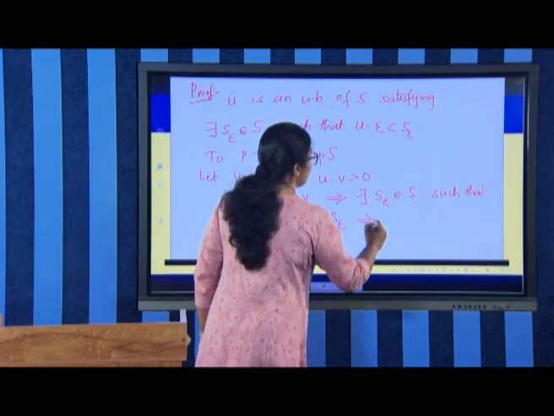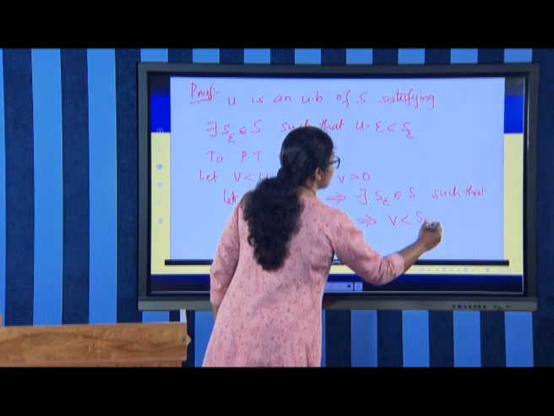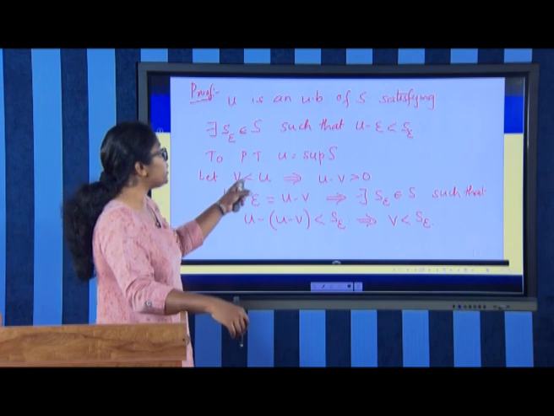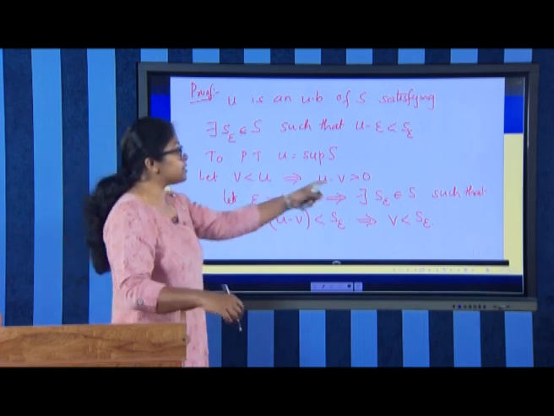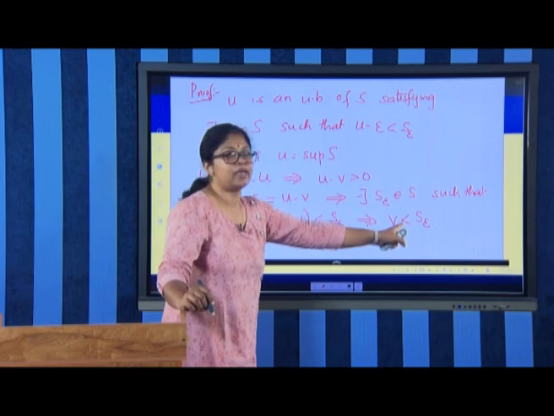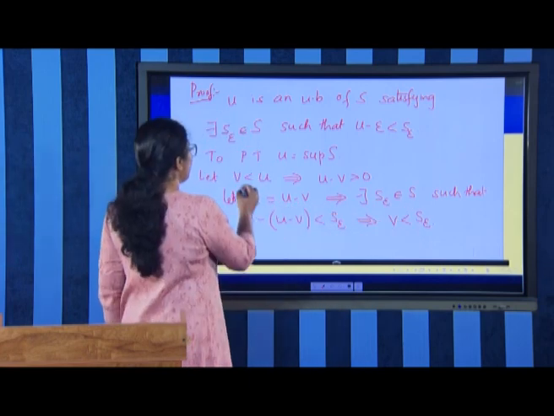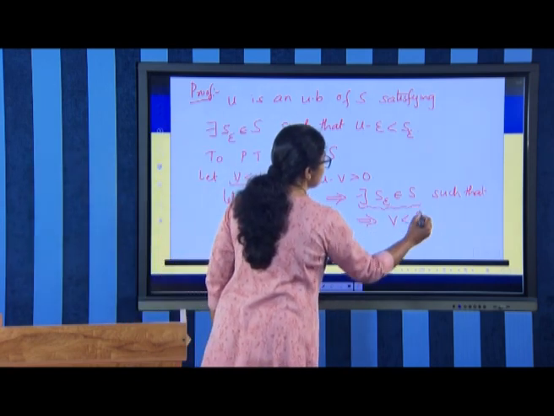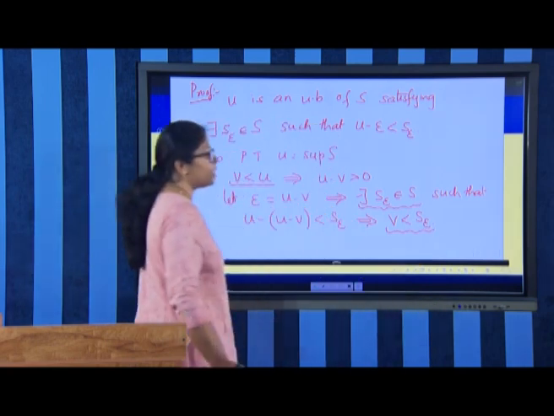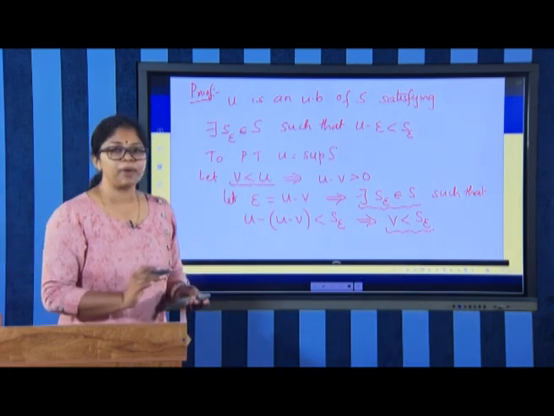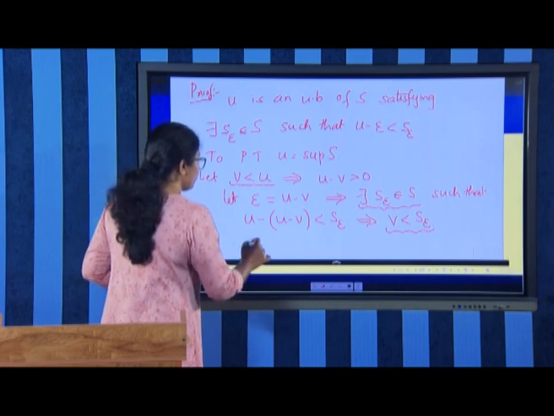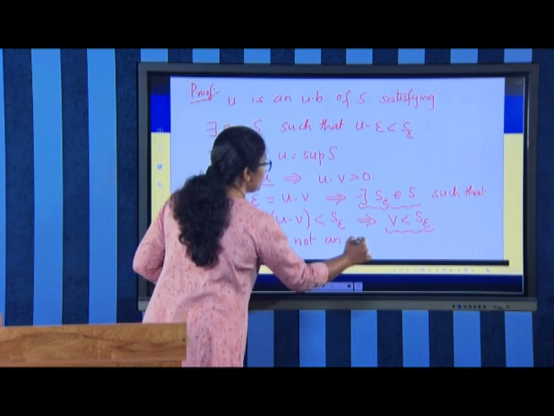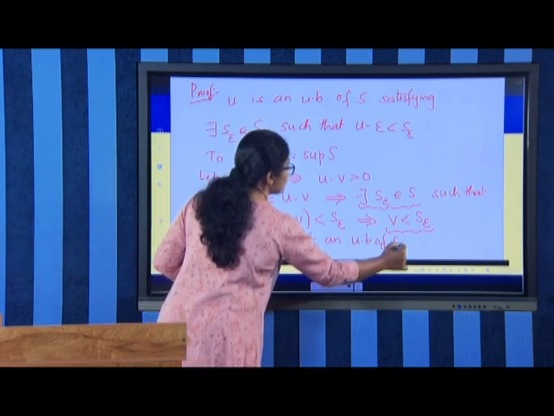So, v is less than S epsilon. Reading together: let v be less than u, then there exists an S epsilon in S such that v is less than S epsilon, which means v cannot be an upper bound. Therefore, v is not an upper bound of the set S.